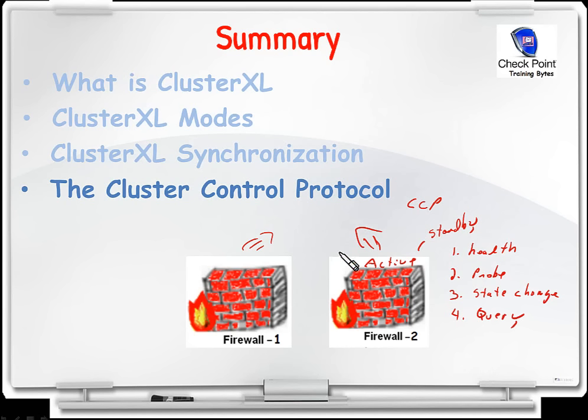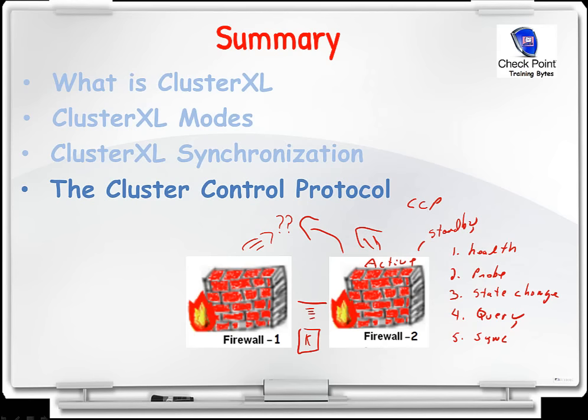If a new machine is trying to join the cluster, it needs to query every machine in the cluster to identify what state it should join in as and also when it should join. And the Check Point control protocol is used on the synchronization network to sync all the kernel tables amongst the cluster members. It's a special kind of packet that notifies the cluster members that this payload contains important kernel tables.